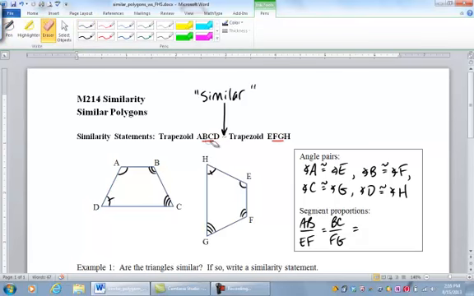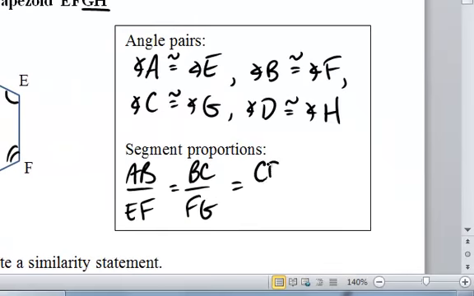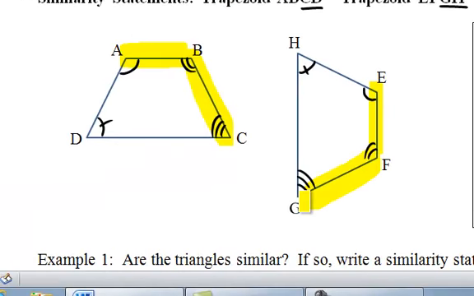And now let's go back up to our similarity statement. The order of those letters is the most important part. So let's do the last two letters, CD and GH. You can see right now what we've done is we did AB and EF. We did BC and FG.